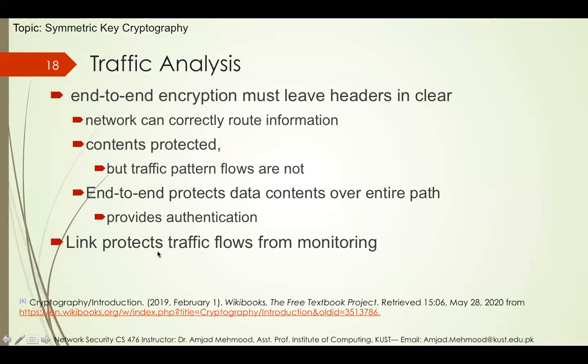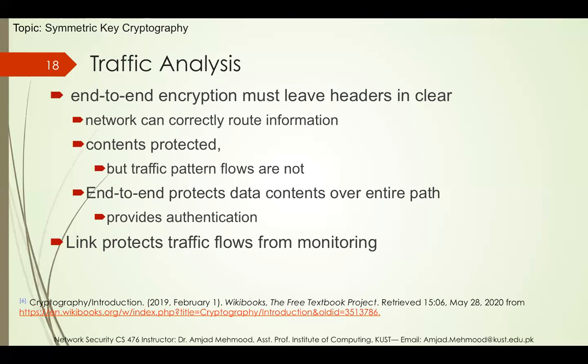Whereas link encryption protects traffic flow from monitoring, because on each link the encryption and decryption is performed link by link. So no node can monitor your traffic, that is where your traffic is heading.